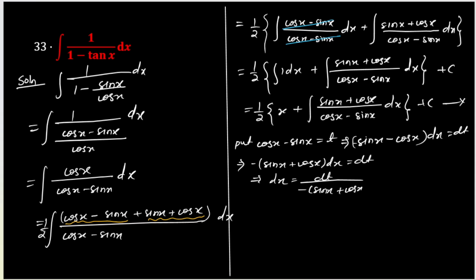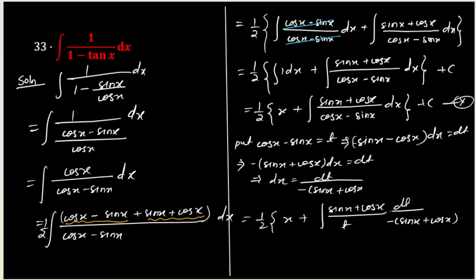So from equation, 1 by 2 dx plus this, (sin x plus cos x) by t, because we relate t and dx equal to dt by minus (sin x plus cos x).